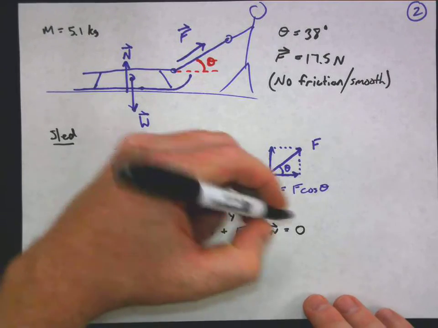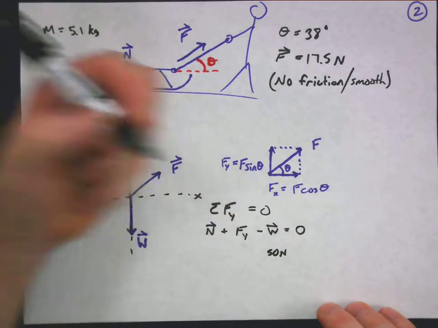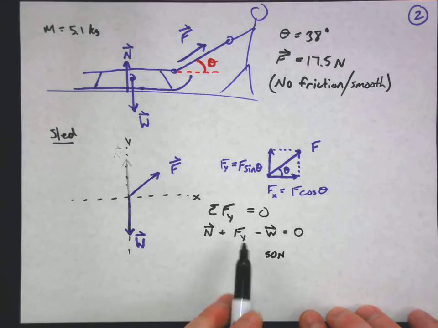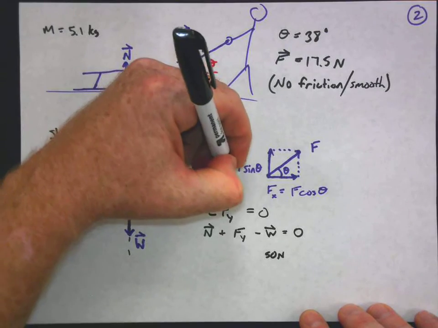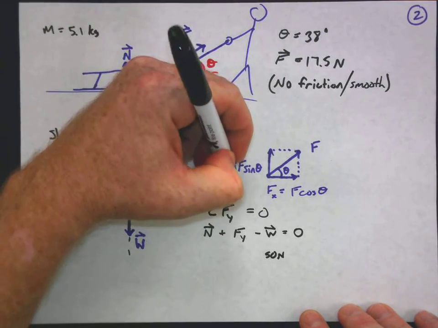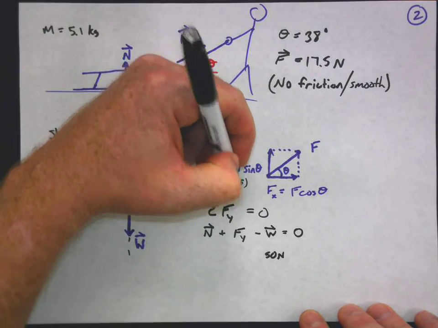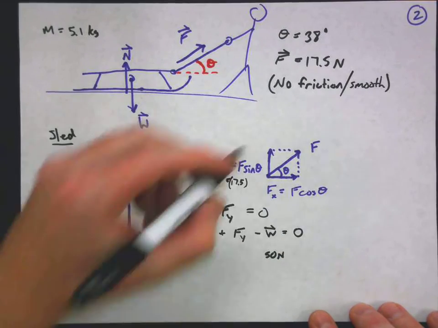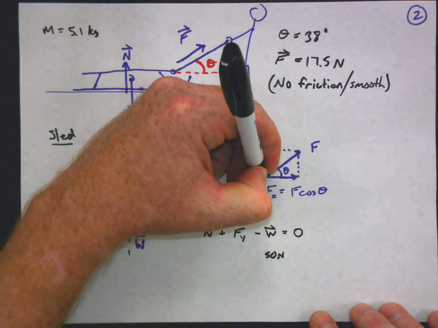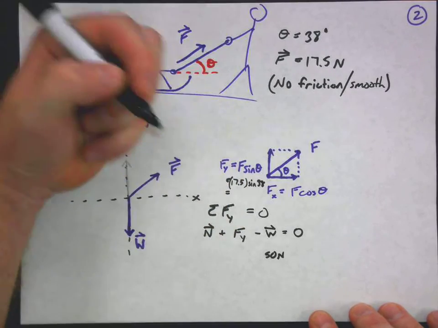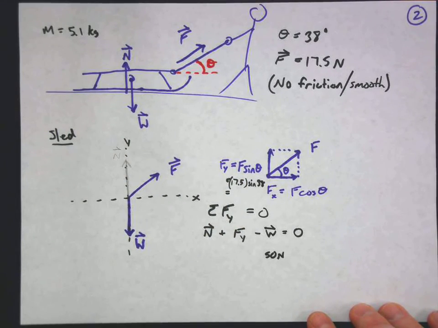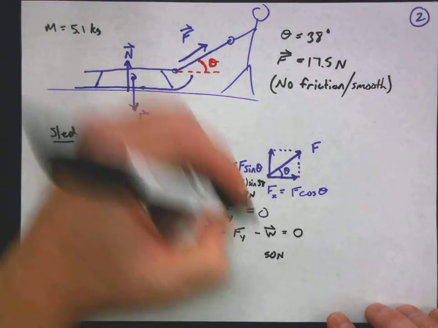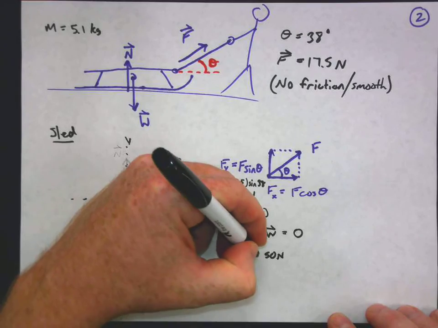Okay, so it's going to kind of go like this. What was the weight? The weight was 50 newtons. And how big is this Y component? Well, F is 17.5 newtons, and sine of theta, where theta is 38 degrees. Sine of 38. And so my Y component turns out to be 10.8 newtons.